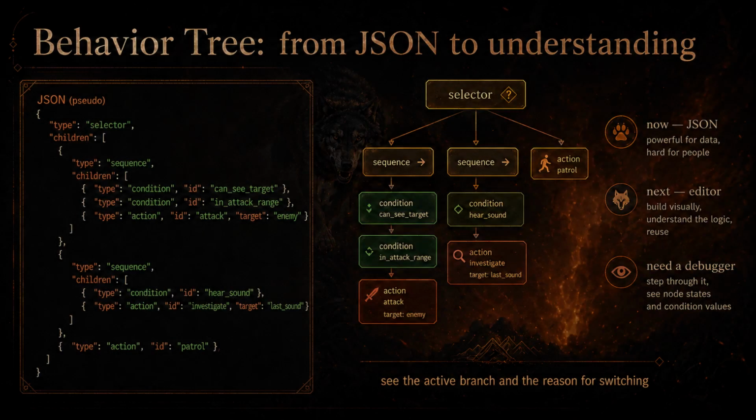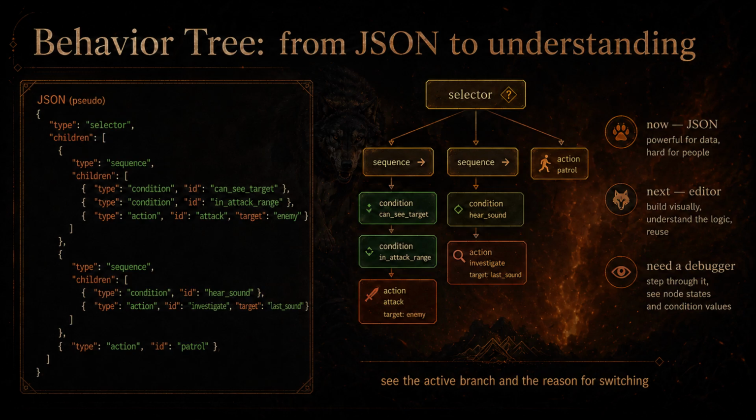Right now, behavior is defined through data, and I can show it as a JSON. It isn't the most convenient format for a person, but it clearly shows the main idea. The behavior is built from conditions, actions, and branches.